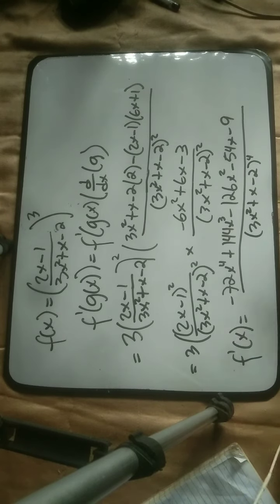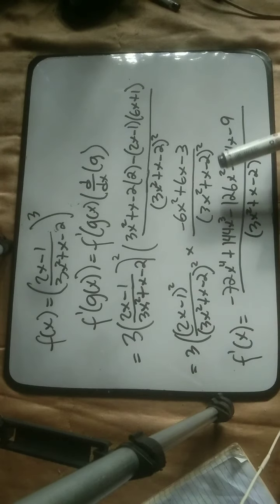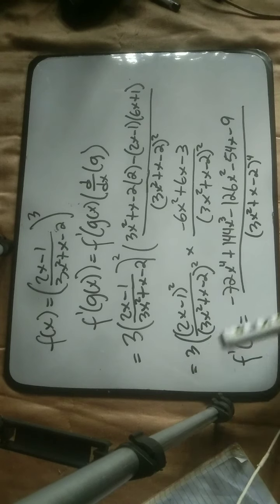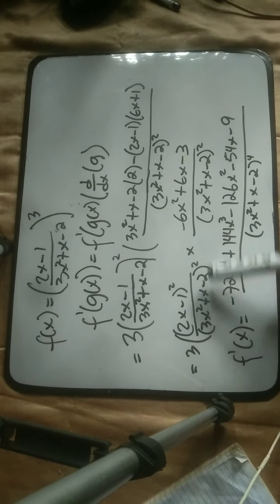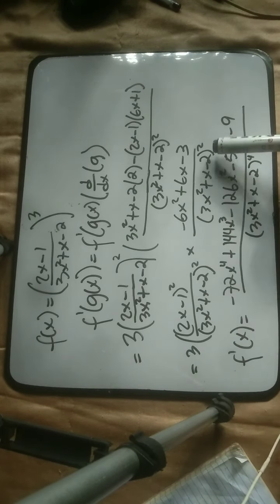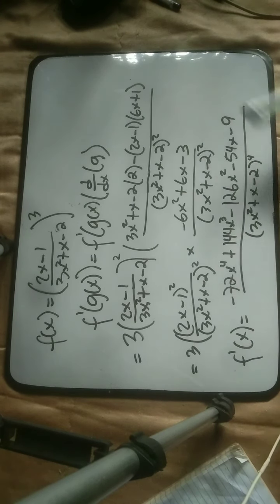Then we multiply these values to get our expression, and multiply it by 3. Since we have the same denominator, we just multiply the denominators and multiply the exponents.